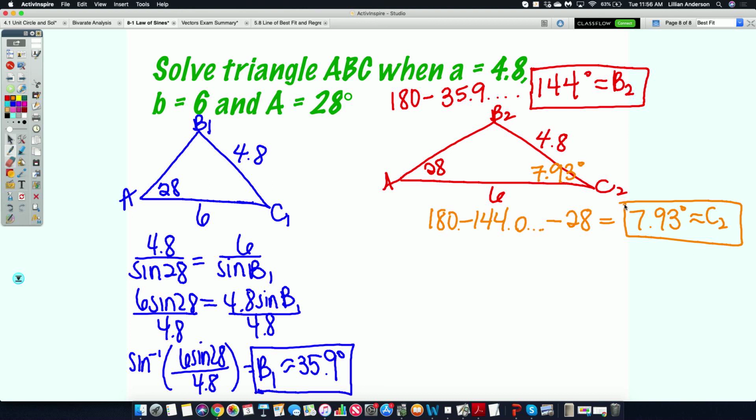So you take that non-rounded answer and you subtract it from 180, just like you subtract 28 from 180, to get the last angle of that triangle. And in this case, you are going to have two triangles, two angle B's, which we both have, two angle C's, we know one of them so far, and two side C's. Find the remaining angle C and the two side C's.